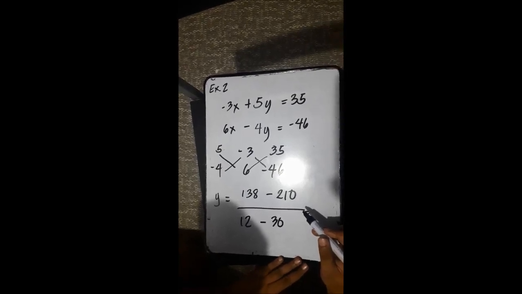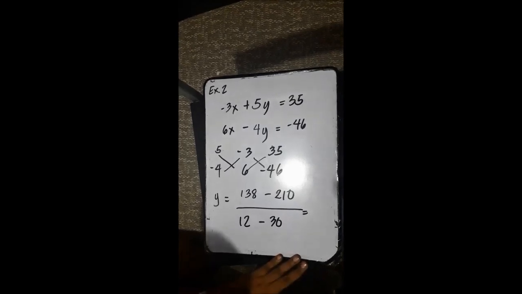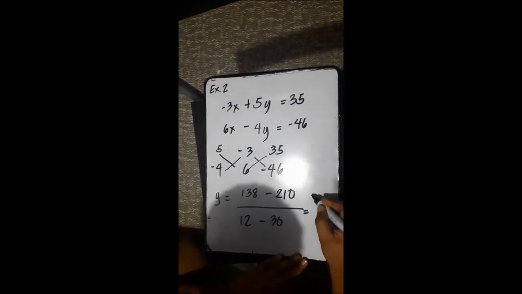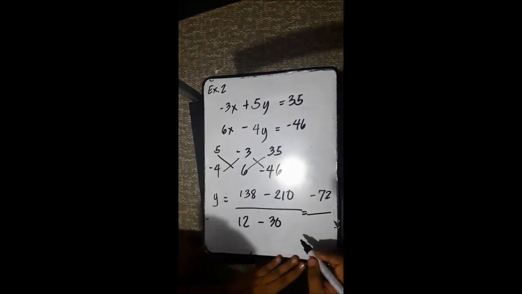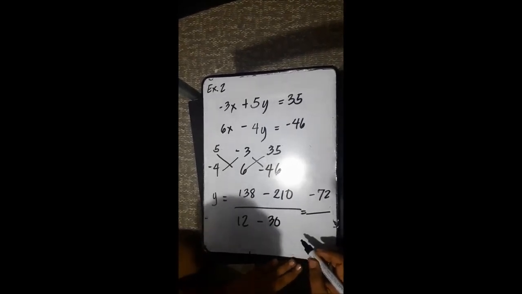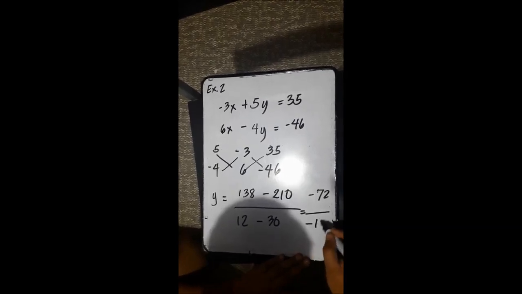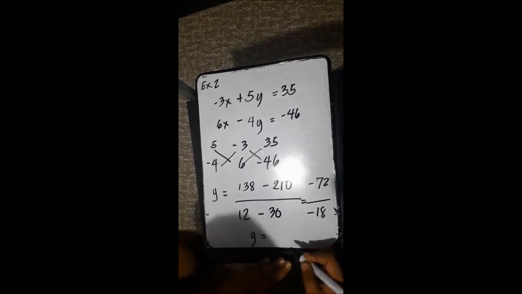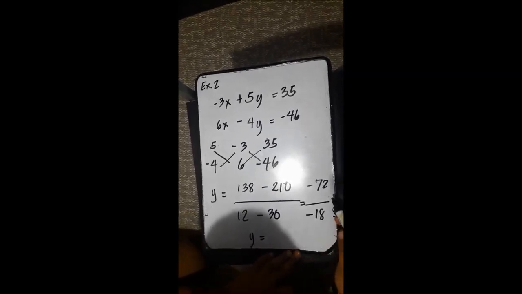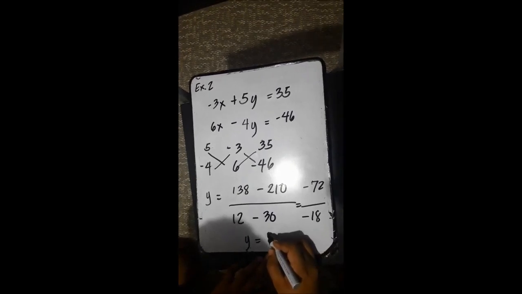So that should be negative 72. And for the denominator, it's 12 minus 30, which gives me negative 18. So the value of y is negative 72 divided by negative 18, that's positive 4.